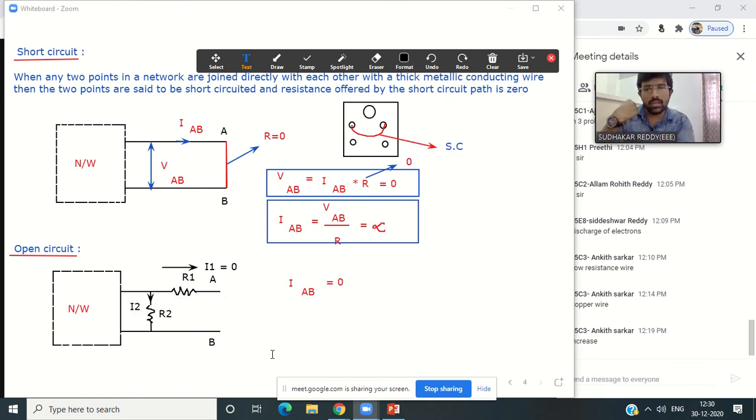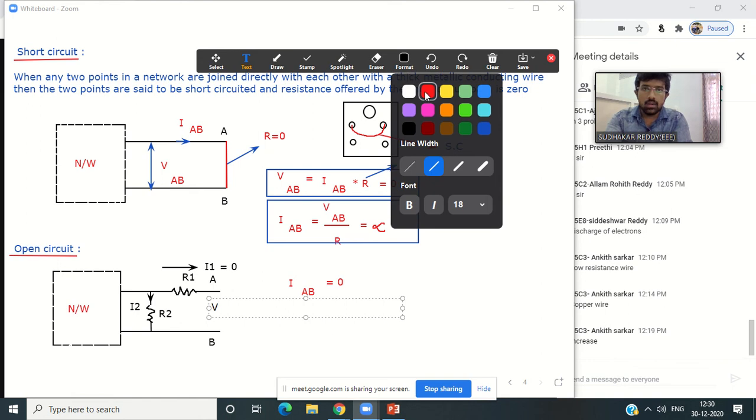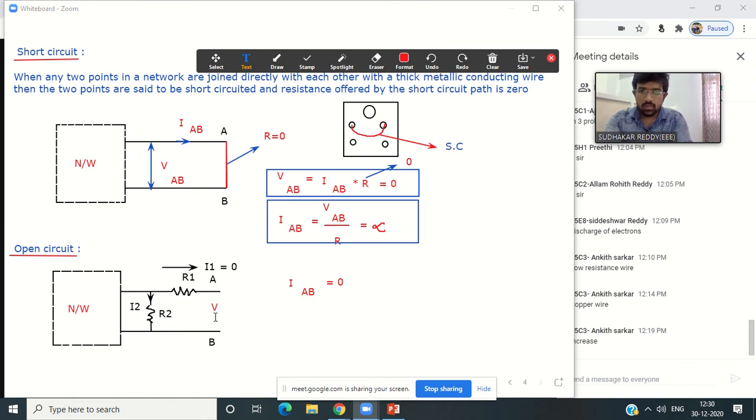In this case, I want to find the voltage between the two points A and B, and consider that voltage as VAB. To find VAB, we need to apply KVL in this loop.